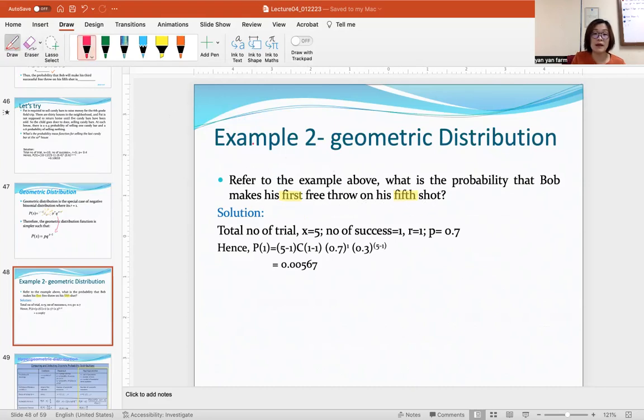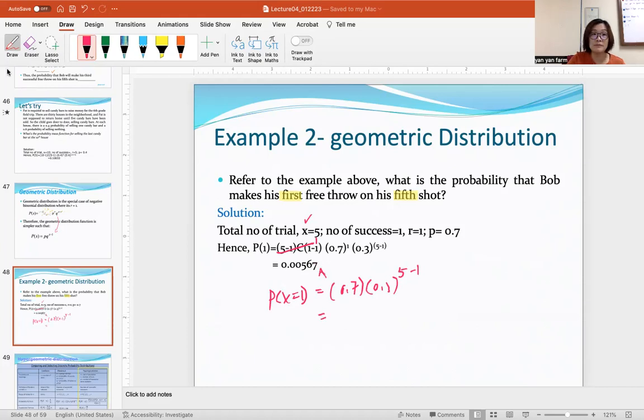So we know that our x is equal to 5, number of successes is 1. So r is 1, p is 0.7. So we just put in P(X = x) equals p, q to the power of x minus 1. What is our p? 0.7. q is 0.3. x is 5 minus 1. Okay, so you can just cut it off, and therefore you can get this answer.